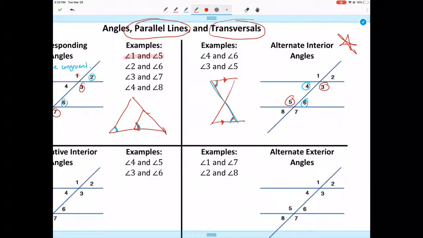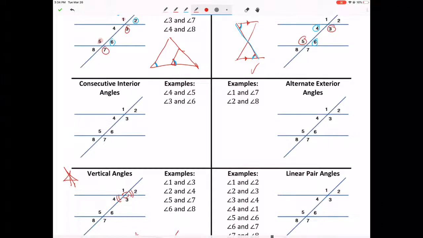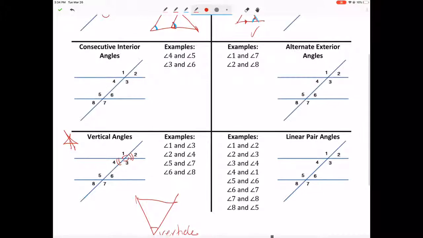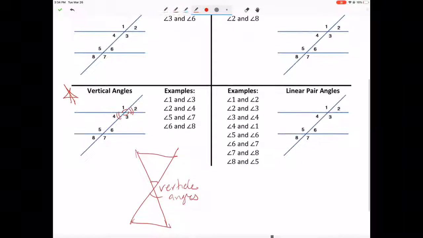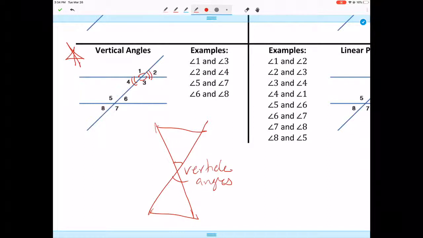I gave you a little example of that as well. We have consecutive interior angles and alternate exterior angles, which we won't really be using, I don't think, for this unit, but we will be using vertical angles, and we've talked about that a couple times in this unit and last unit.